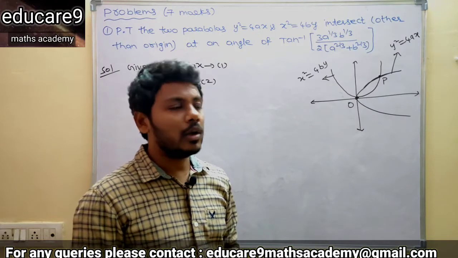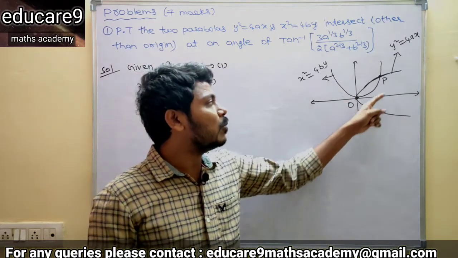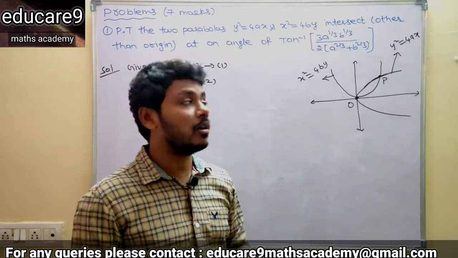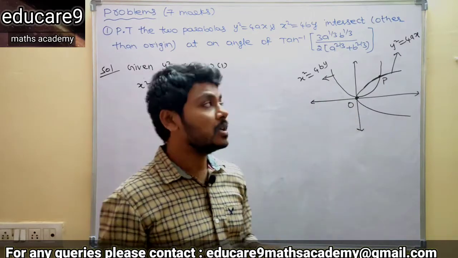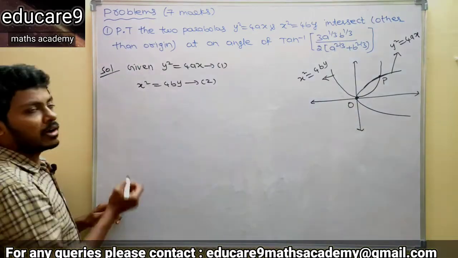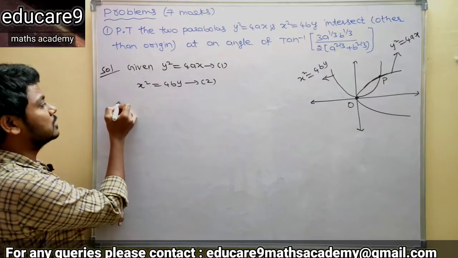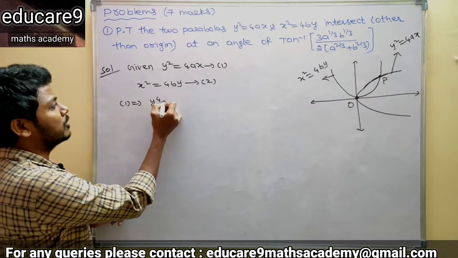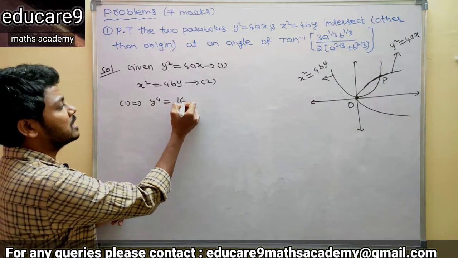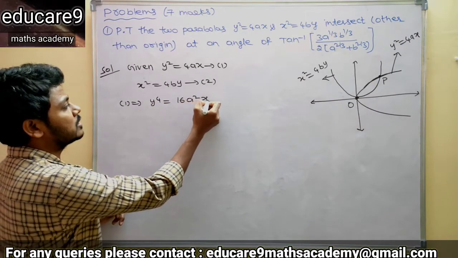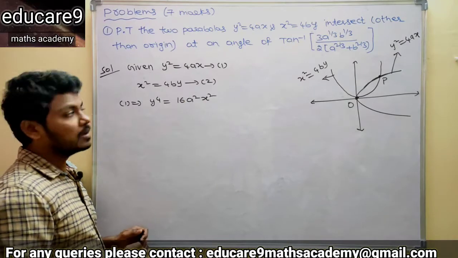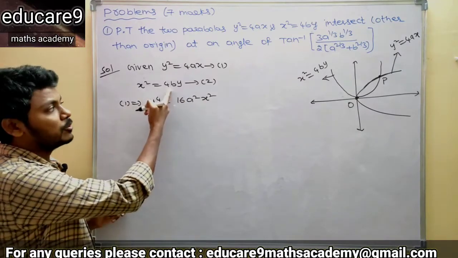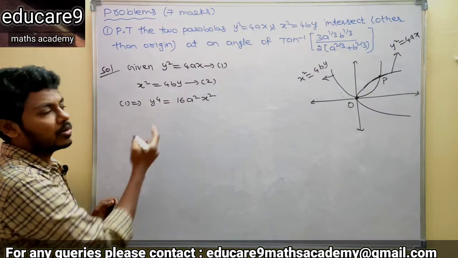Okay. Now first you need to find the point of intersection of these two curves. See here, squaring on both sides, from equation 1, y power 4 is equals to 16a square x square. You know that x square value is 4by, substituting above.